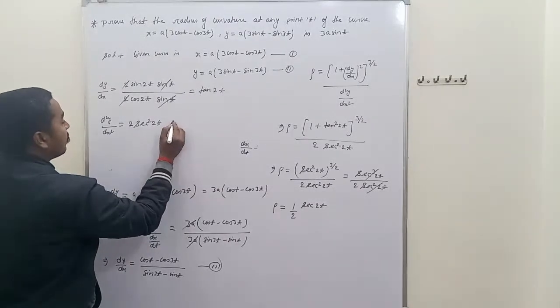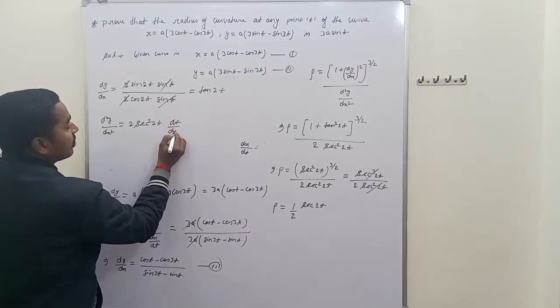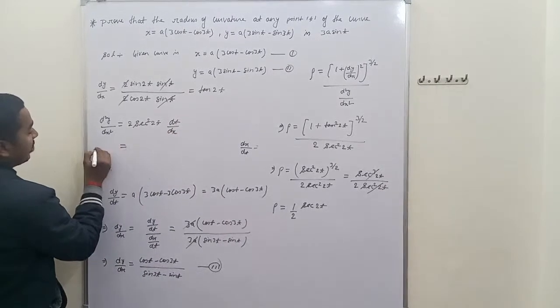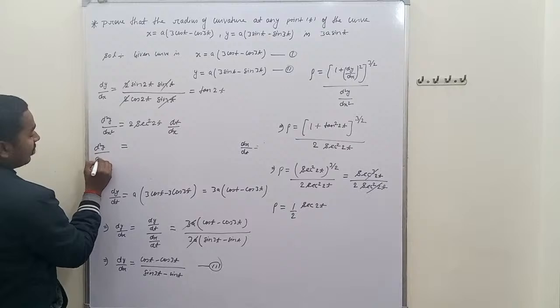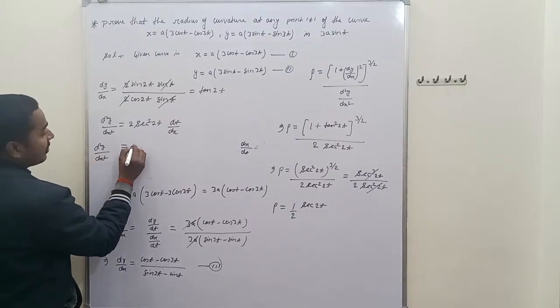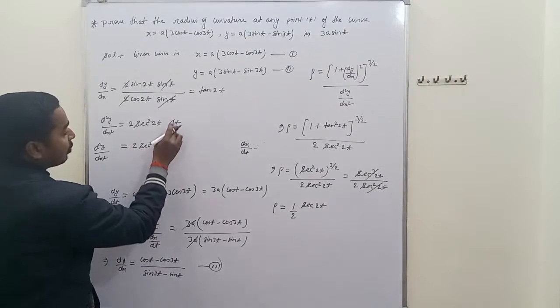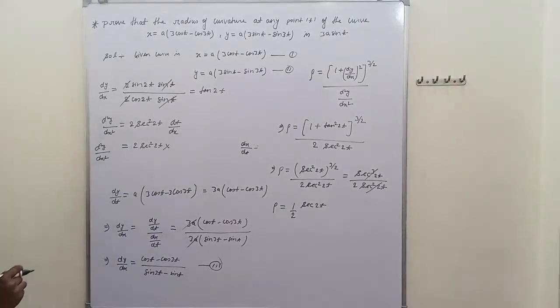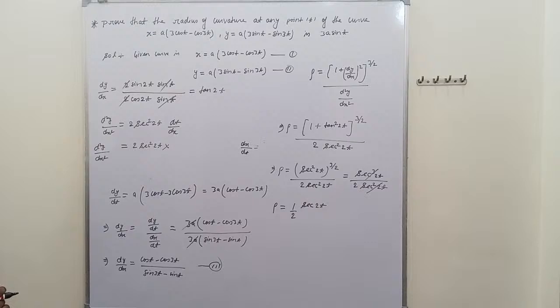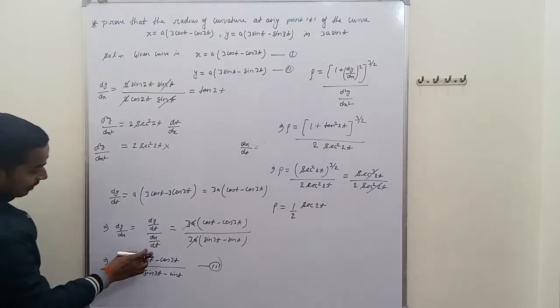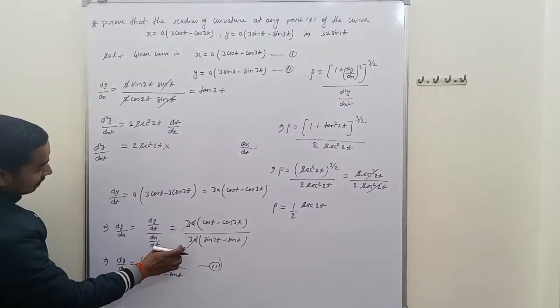Sorry, here we have to put dt upon dx, and again we have to put d2y upon dx2 in place of 2 sec square 2t into dt upon dx, and we have to find the value of dt upon dx.